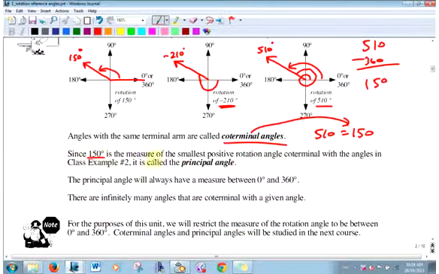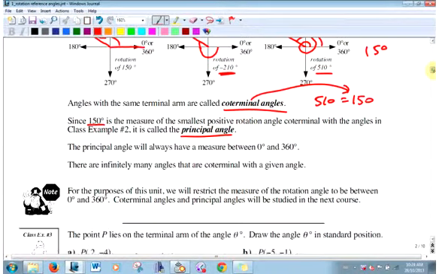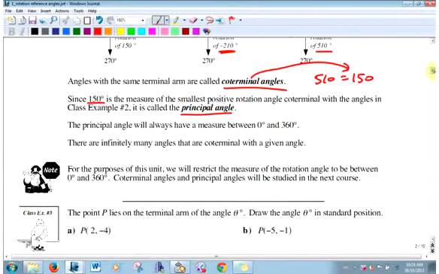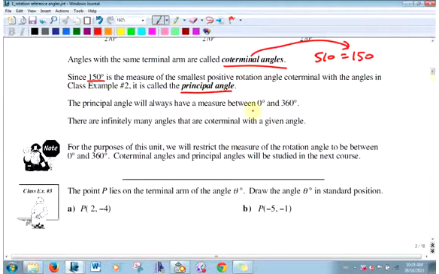Since 150 is the measure of this, it's the smallest one, we call that the principal angle. This isn't that important. I don't think you're going to get asked that on the test, but it's nice to know. The principal angle will always be the smallest one. It's got to have some value between 0 and 360.